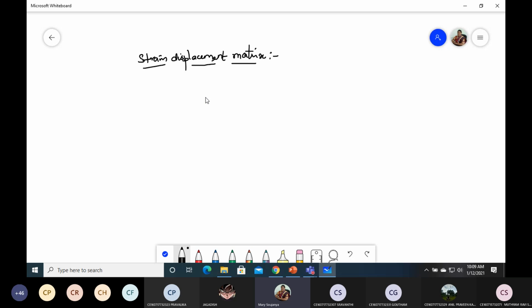So when we know the basic unknown displacement, we will relate it to strain, and finally we'll relate strain to stress. That is how it goes.